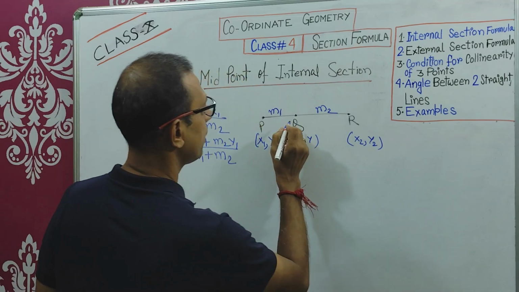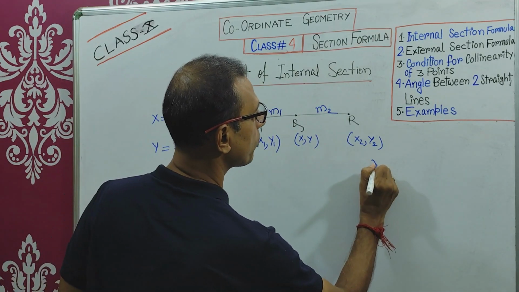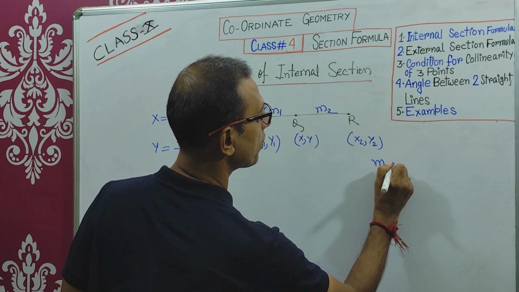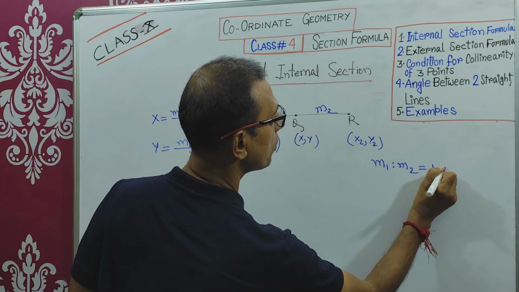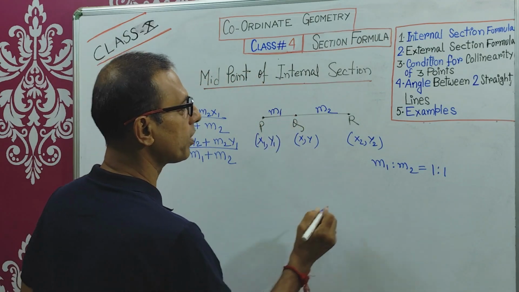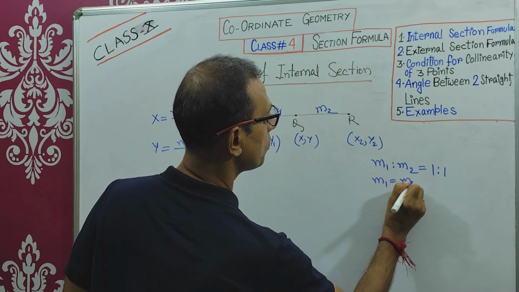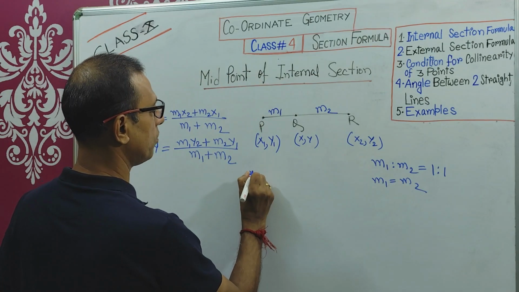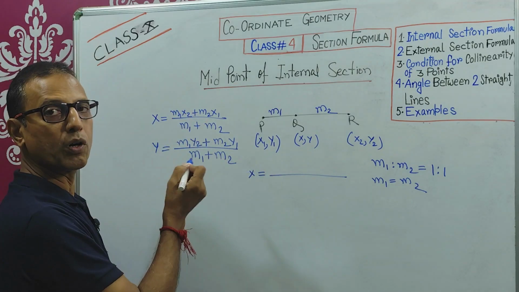Now if Q is the midpoint of this line segment, in that case m1 equals m2, because m1 is to m2 equals 1 is to 1. If Q is the middle point, that means m1 equals m2. In that case, what will be the x coordinate? Replace m2 with m1.